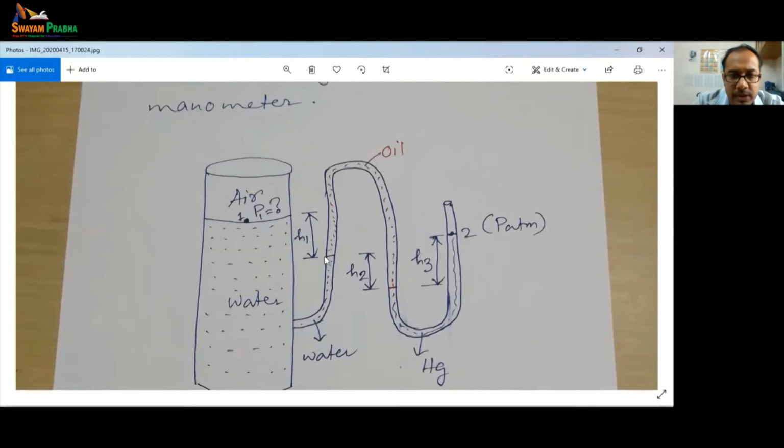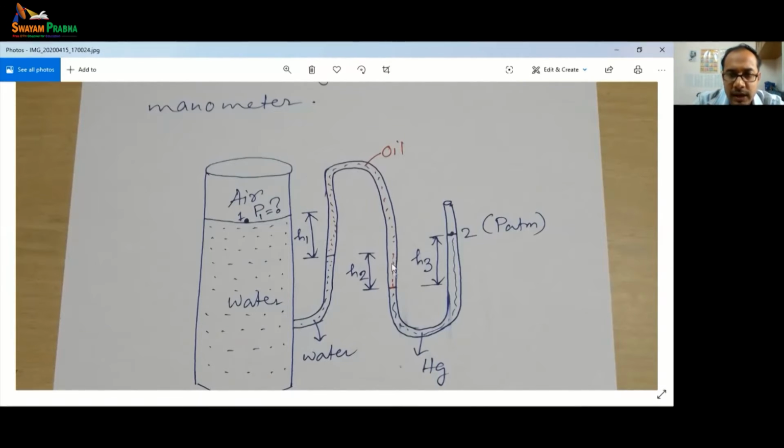So this height difference is given as H1, and this point is the junction where the water column and the oil column meet. From this point, the depth of the oil column in the other part of the manometric tube is given as H2.